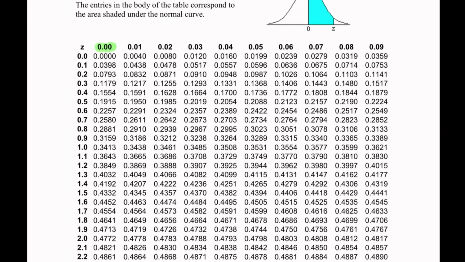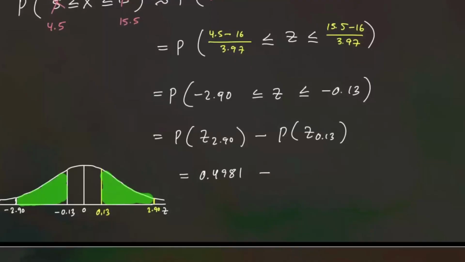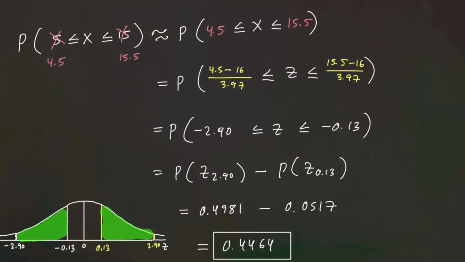So we'll look for 0.1 in this direction and then 3 this way. So that's 0.13. So the area seems to be this point right here, 0.0517. So let's put that down. This will be 0.0517. And then you subtract them. So this will give you 0.4464. Again, approximately 0.4464. Again, we're approximating. Remember that.